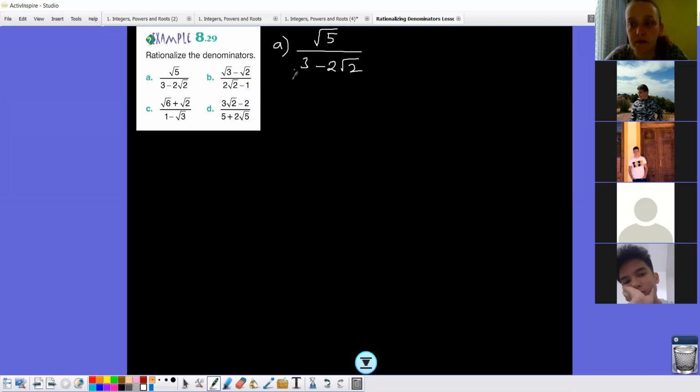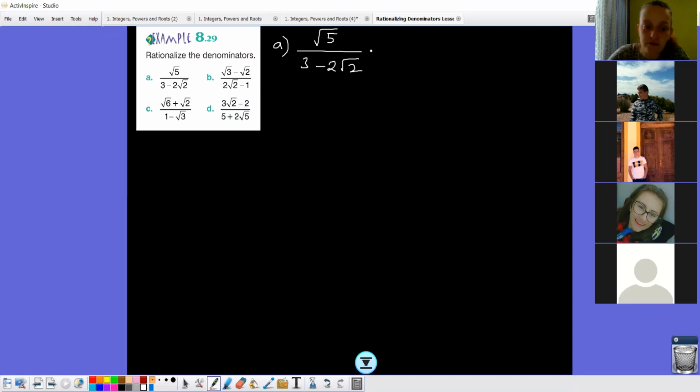What will be the conjugate of this one? 3 plus 2 root 2. So I am multiplying and dividing by the same one, 3 plus 2 root 2 over 3 plus 2 root 2.